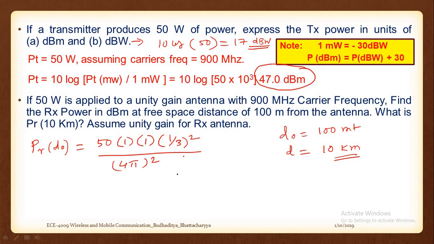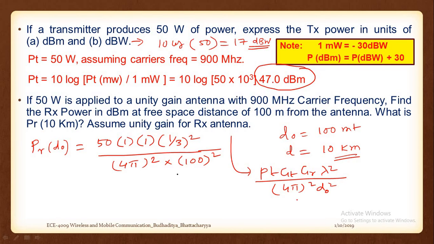L should be considered to be 1, as I told you, and the distance square. This is the formula that we are referring to: PT, GT, GR, lambda square by 4 pi whole square, D0 square.